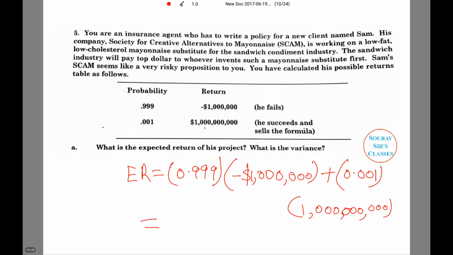Now the expected return of this project is $1,000.